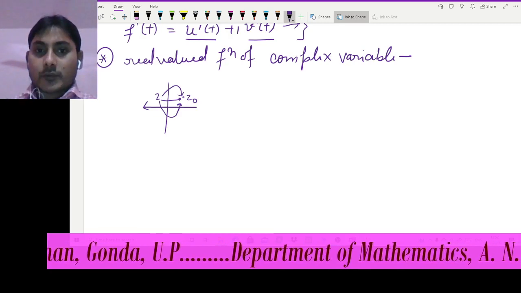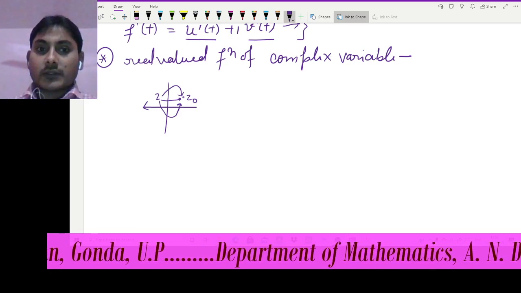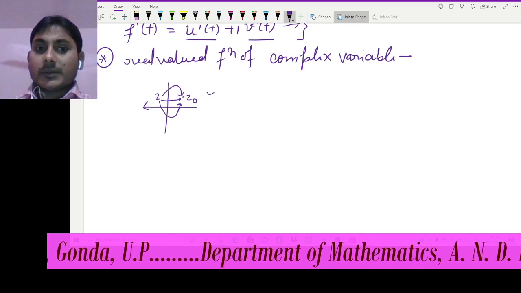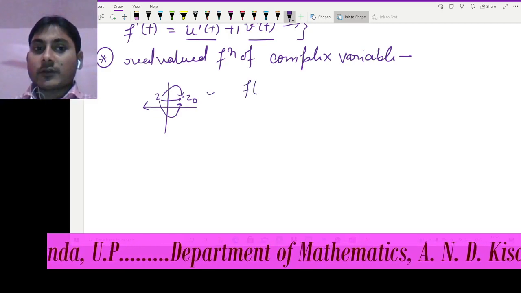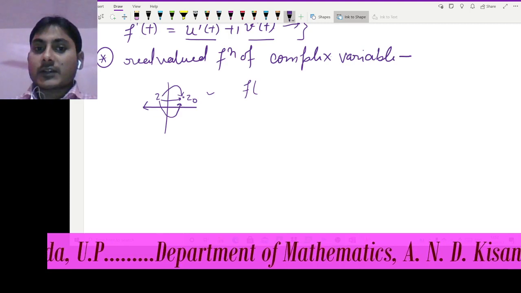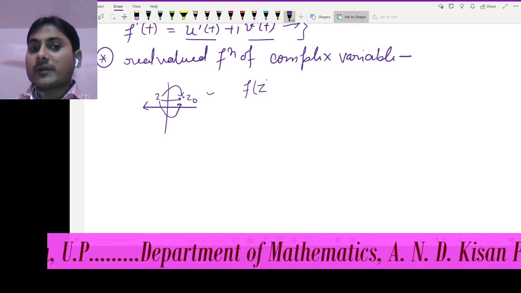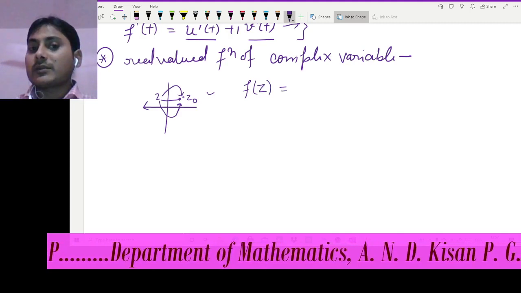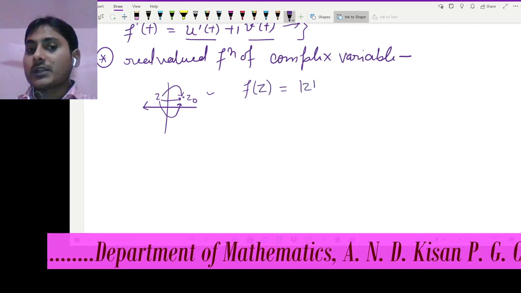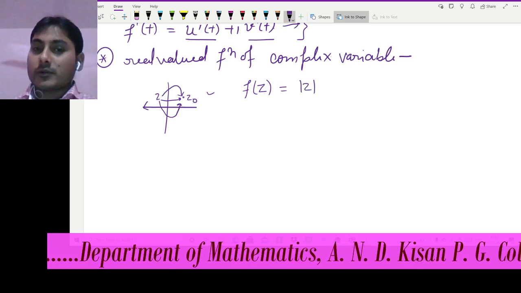In general, suppose you are going to find the limit of a certain function. Suppose you have a function of z, a complex valued function, or a real valued one. I have given several examples. One example is mod z. Suppose f of z is equal to mod z.